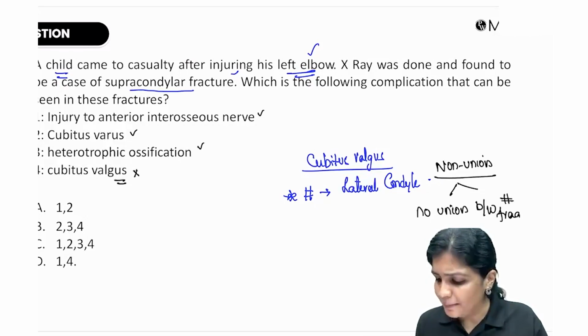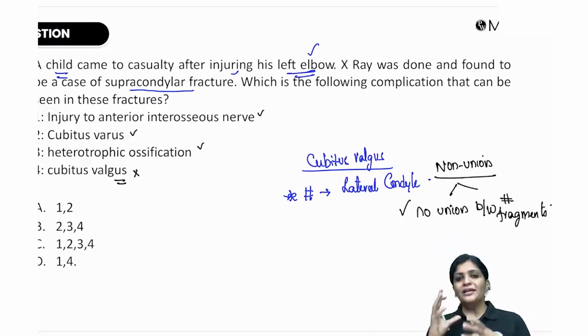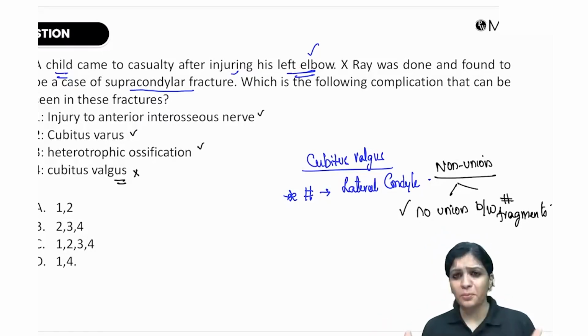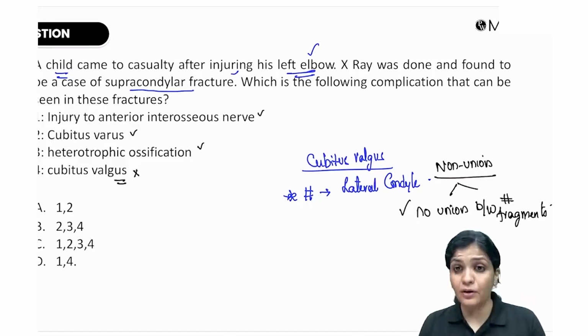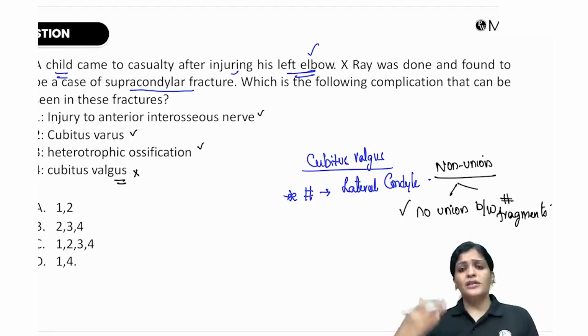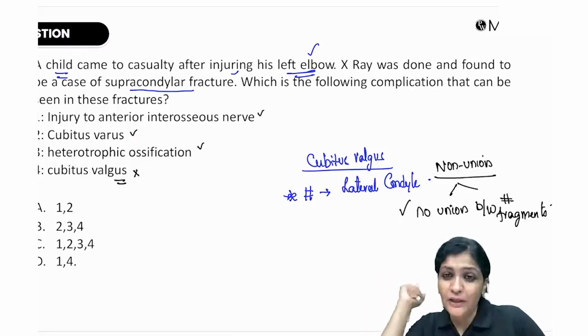Why is that happening? There could be various reasons: the reduction is not proper, there is a lot of gap, some soft tissue is encountered, the bone itself is not wanting to unite, there is some inherent problem in the bone, or the vascular supply is lost. These are multiple reasons for non-union.